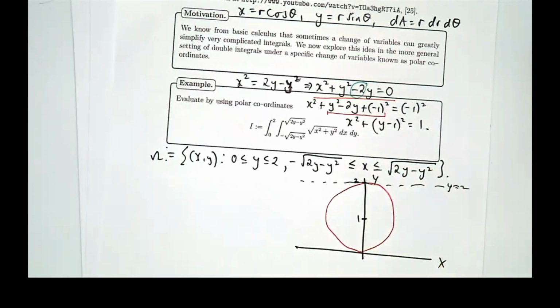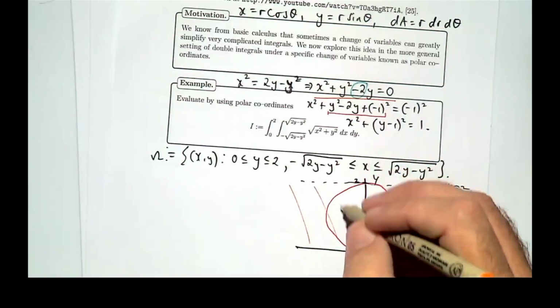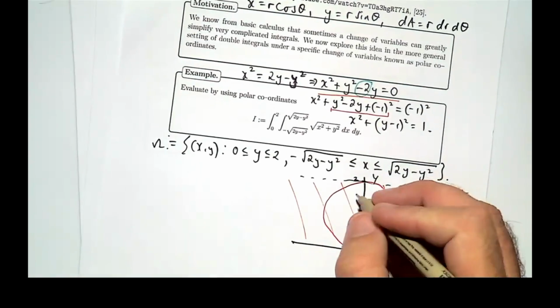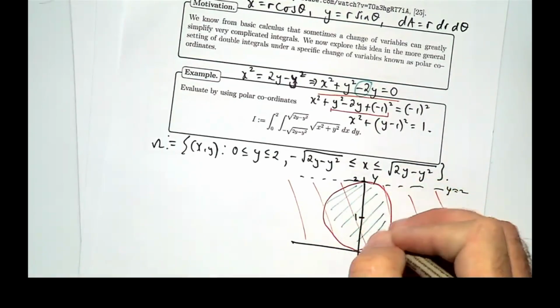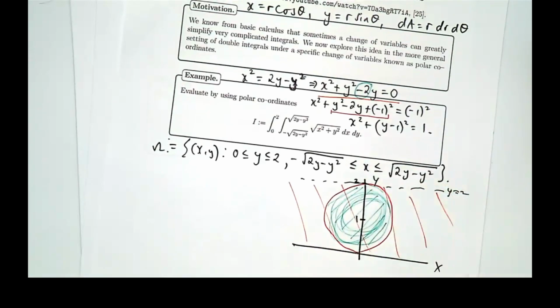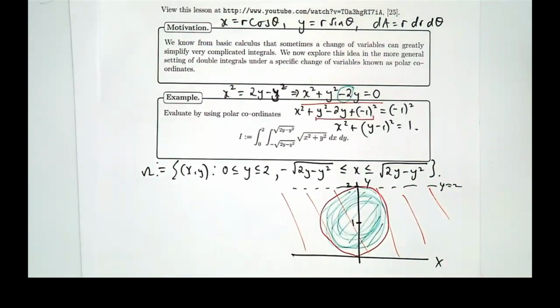I'm basically going to be in that strip, and then I intersect it with the circle. So that's going to be my region of integration. Okay? So it took us a little bit of work, but we got there. Okay? Great.